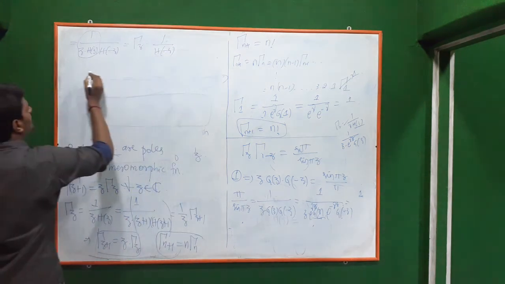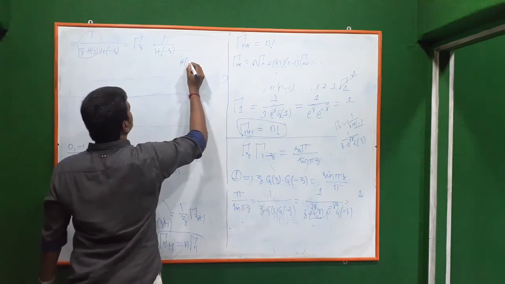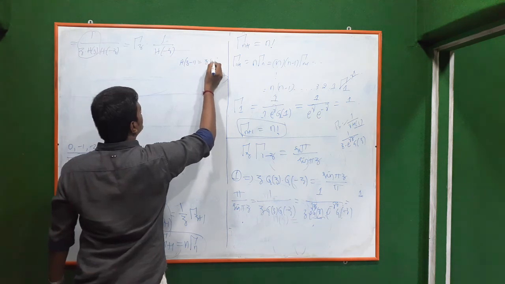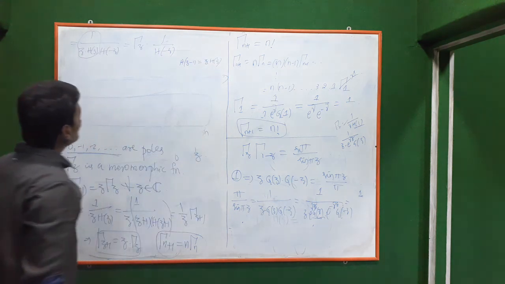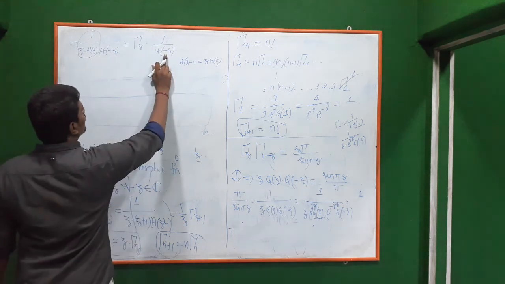But what is the property we have for h? h of z minus 1 is z into h of z. Here we have minus 1.